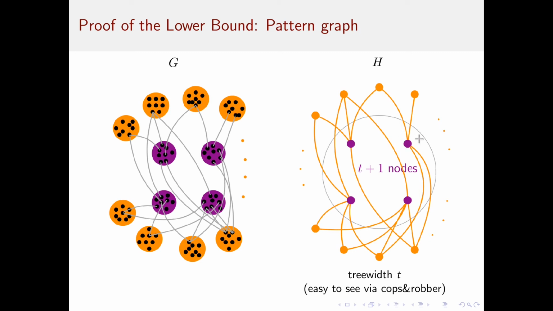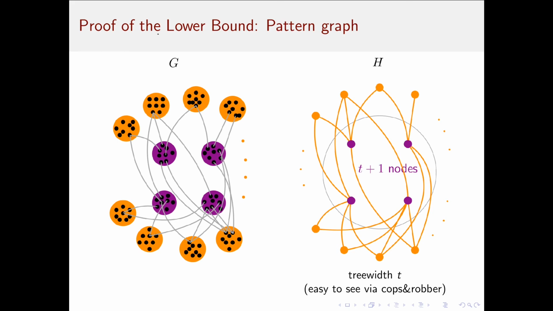So we have t plus 1 inner nodes, and each of these outer nodes is connected to at most 3 of the inner nodes. Okay, and we're going to show that the Treewidth of this pattern graph is exactly t.